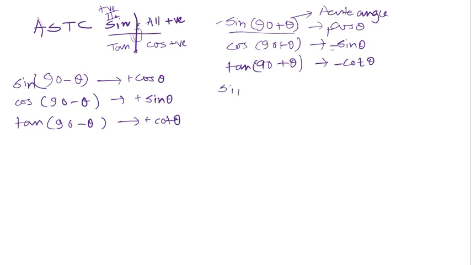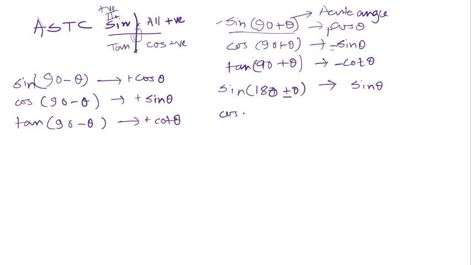So 180 means, if I have sine 180 plus theta or 180 minus theta, when I do 180 or an even multiple of pi by 2, what will happen? It will remain sine theta.